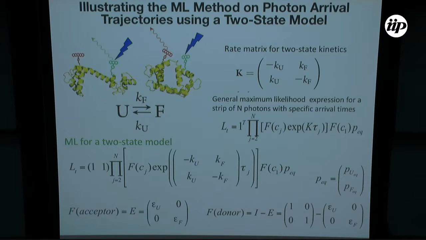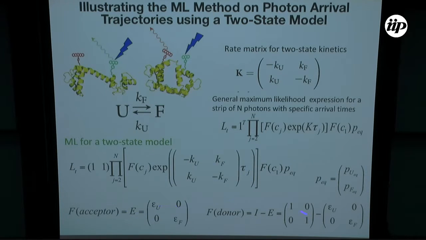And then you also define a matrix with the FRET values for the different species, the probability of emitting an acceptor photon, which is basically the FRET efficiency of the state, right, which is what I said before. And then you can do the same thing for the donor. So these two are predefined. So you need to know what the structure of the protein is in the native state, so you can calculate the expected FRET, which will come from here and there, right?